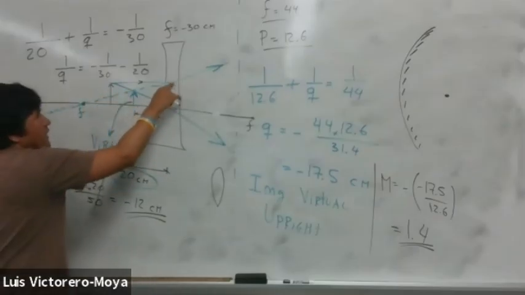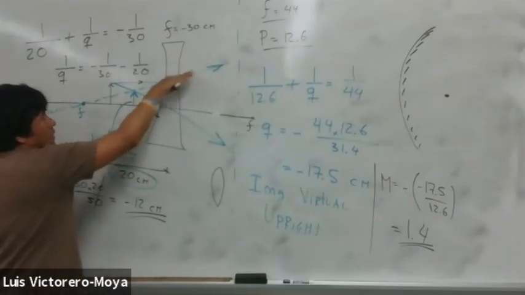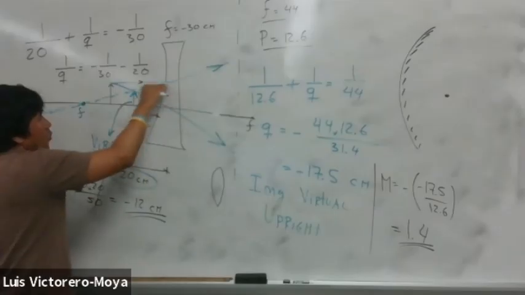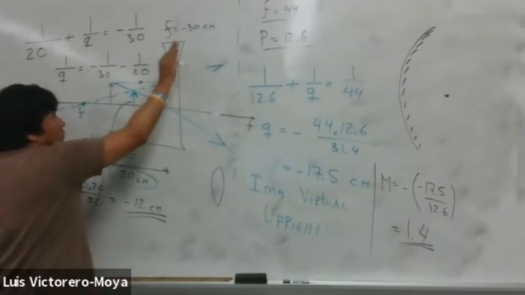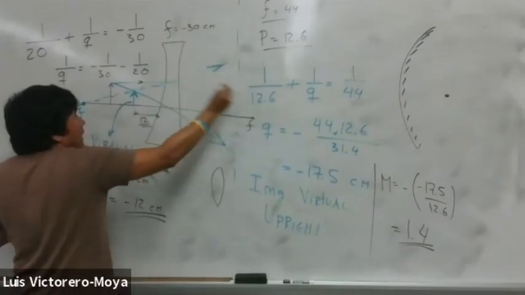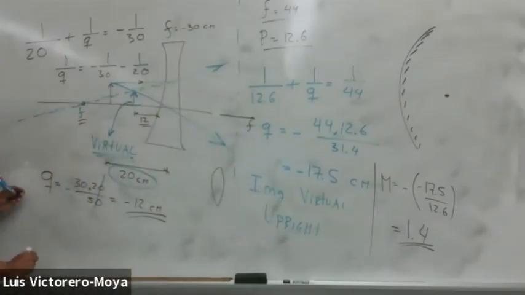The way light diverges in the lens is by following the focal point. It's not random. It wouldn't go like this or like that. It will follow the location of the focal point. Okay, thank you. All right?